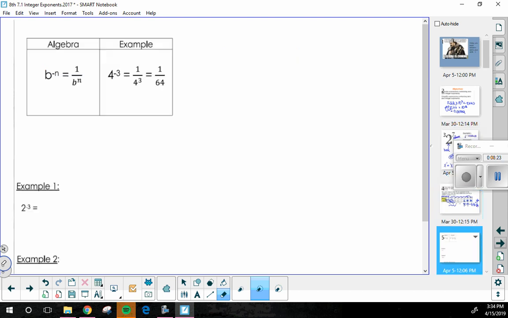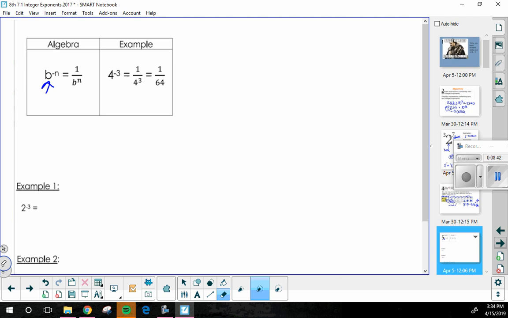So this is what you see in your foldable right here. B, or a number, to the negative exponent is equal to 1 over b to that exponent as a positive.